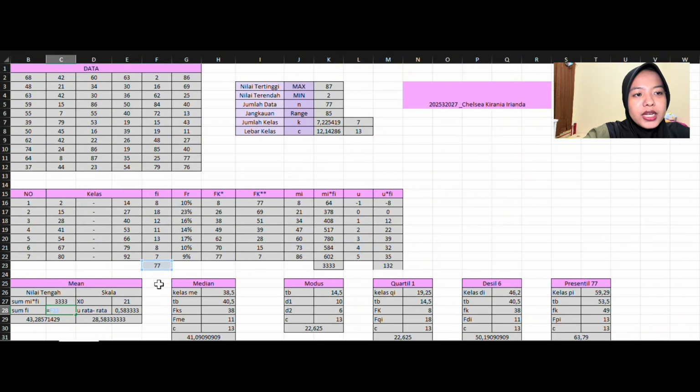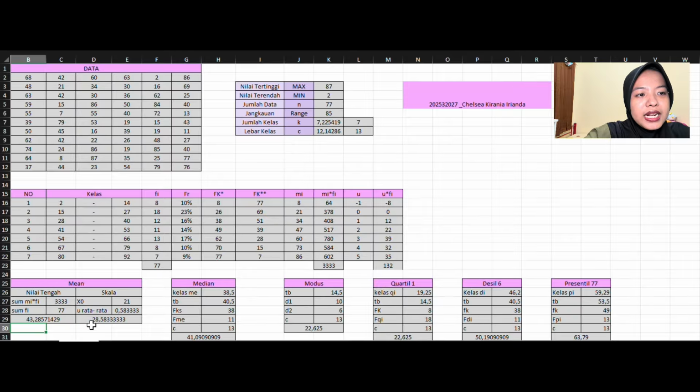Meanwhile, in the coding method, I used the main point value at the coded value of 0, then added the class width multiplied by the average coded value. The result obtained was also approximately 14.329.